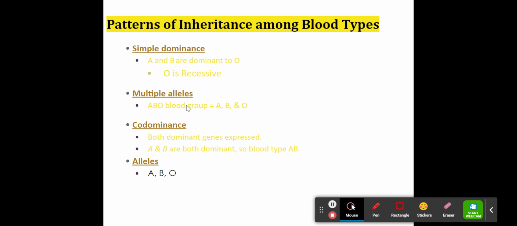Multiple alleles, because in the ABO blood group you have the allele A, the allele B, and then the recessive allele O. And then codominance, because when you have A and B together, they're both dominant. So people can end up with blood type AB. And again, our allele options are A, B, which are both dominant, and then O.